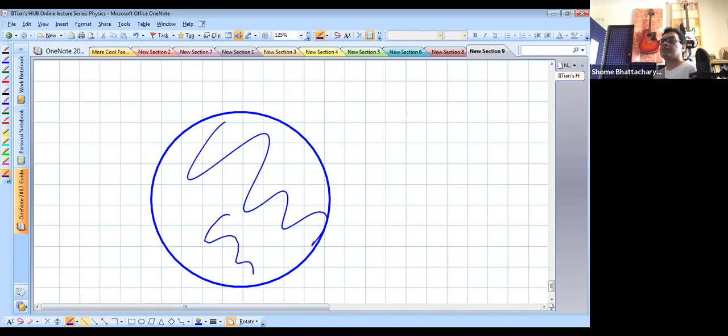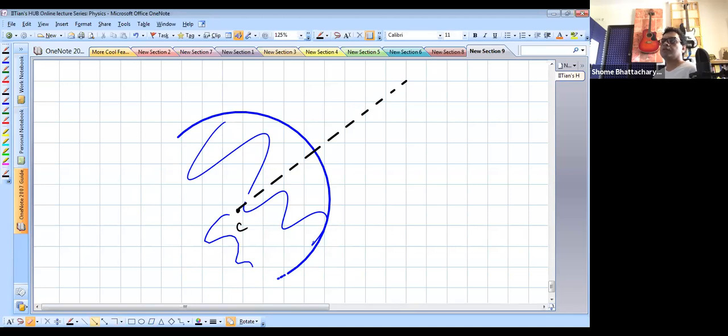What matters is that the center of curvature of the spherical surface is here, and this being like the principal axis. So what is here actually doesn't matter. This whole thing could be glass or whatever, it doesn't really matter.